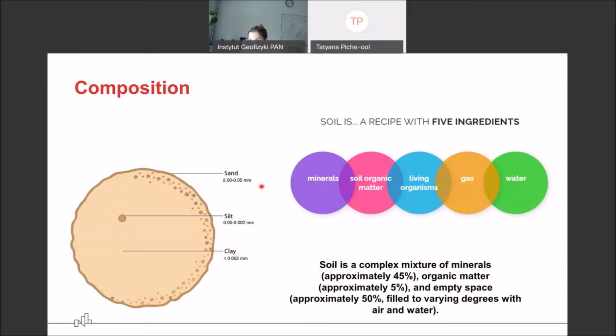And the percentage of particles in these size classes is called soil texture. So the soil texture depends on whether we have more sand size class or silt or clay size class in those minerals, of course.